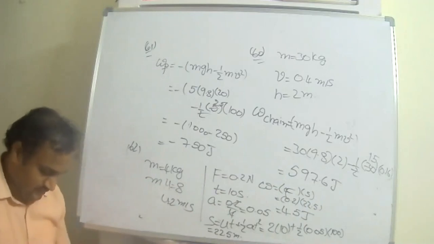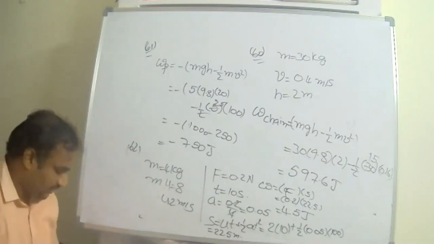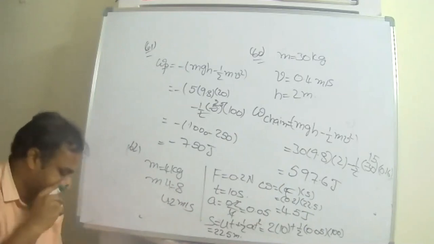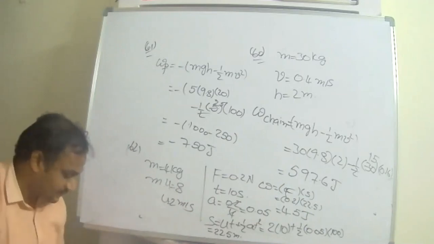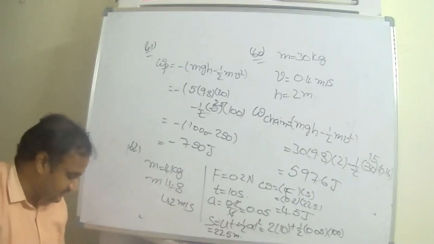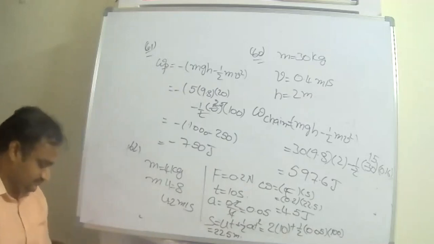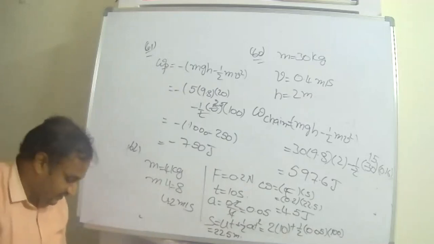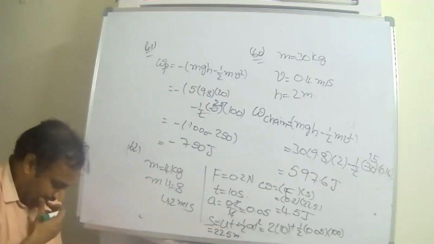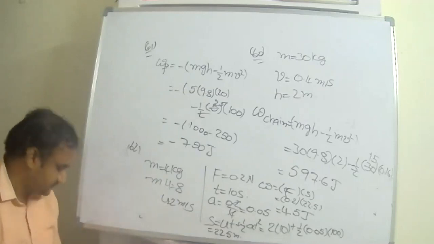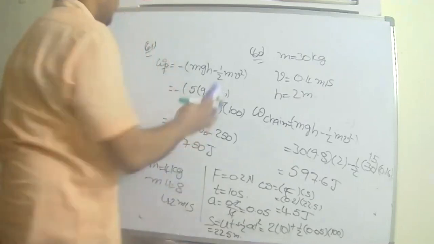Next. A bullet of mass 10 grams strikes its target and penetrates 8 centimeters into it. The average resistance offered by the target to the bullet is 100 newtons. The velocity with which the bullet hits the target is? Frictional force is given, x is given, write half mv square to get v.